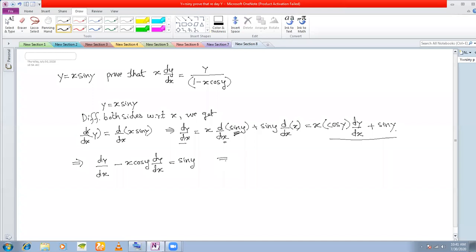Now I take dy/dx common. 1 minus x cos y into dy/dx is equal to sine y. And therefore dy/dx is sine y by 1 minus x cos y. Yes, that is what we needed to prove. So that is done. Okay. Next one.